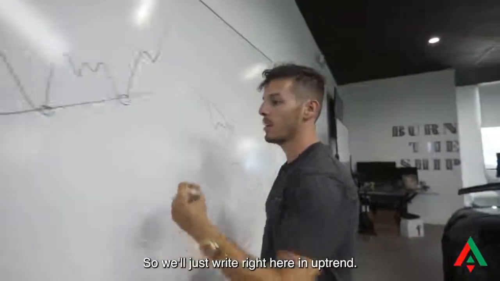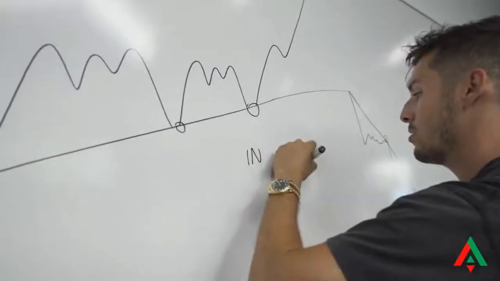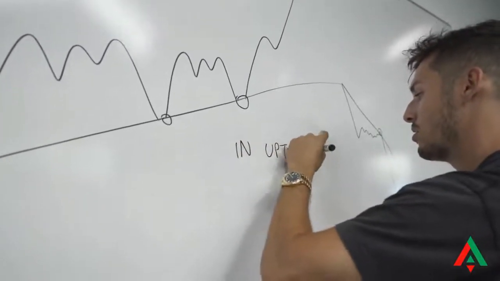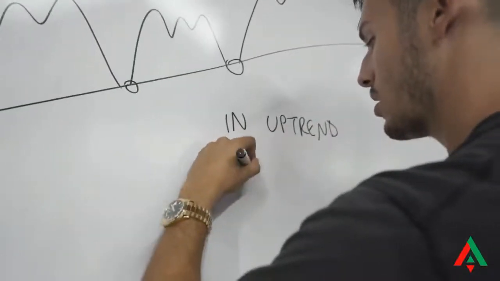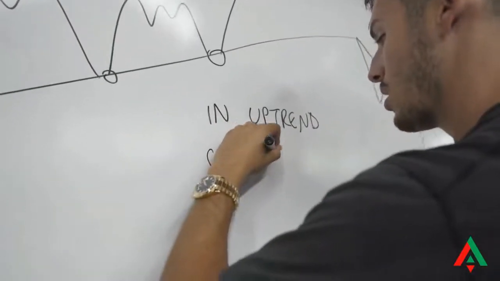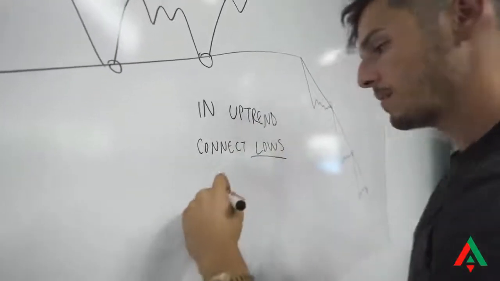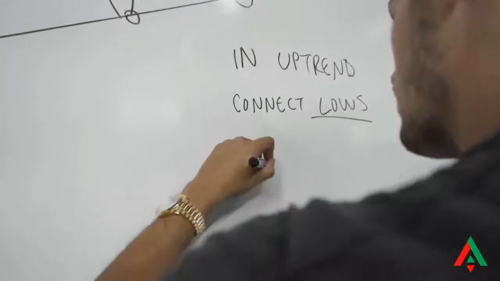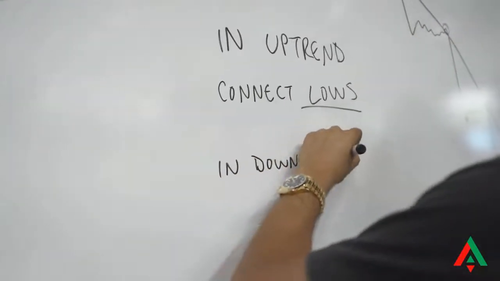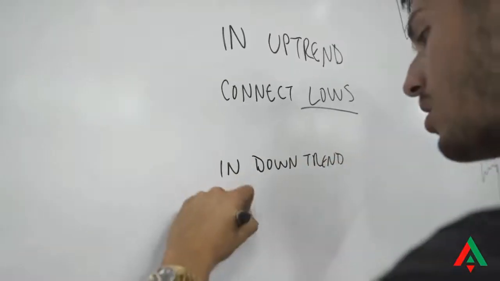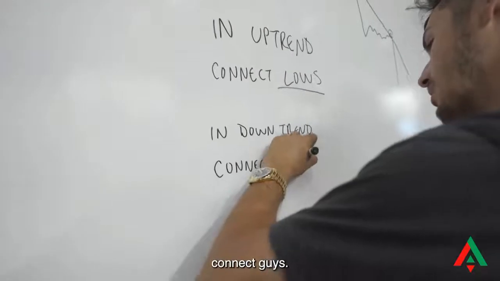So we'll just write right here: in uptrend, connect lows; in downtrend, connect highs.